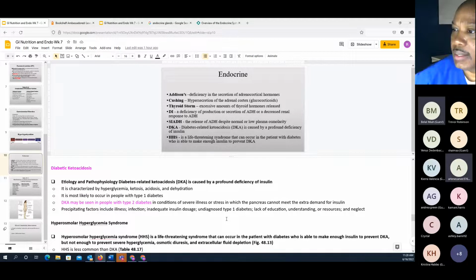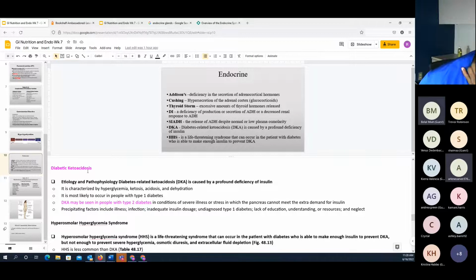Now, DKA and HHS is another one that we have to think about. I'm not sure how well you still remember your diabetes, but these are complications that you might find in type 1 and type 2 diabetes. All right.